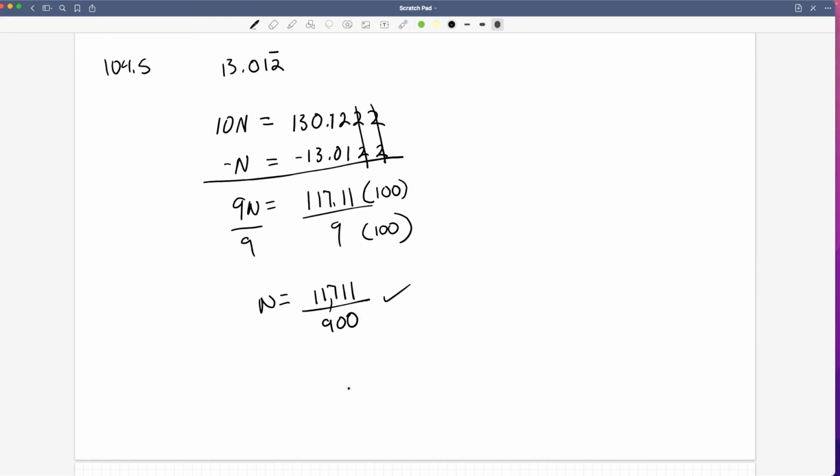We set that up as a quotient of integers, or a fraction, and a fraction is considered a rational number. So that is how we can prove that a repeating decimal is indeed a rational number. Very, very good. All right.